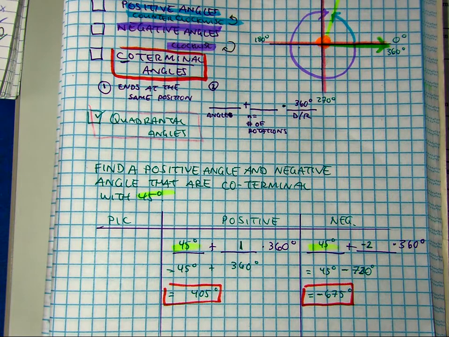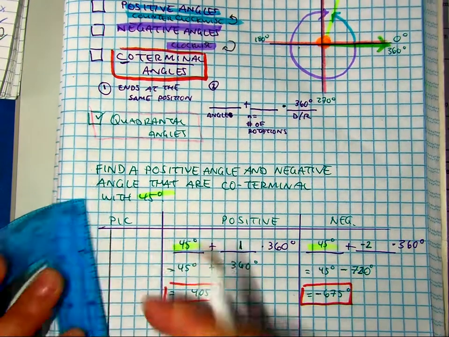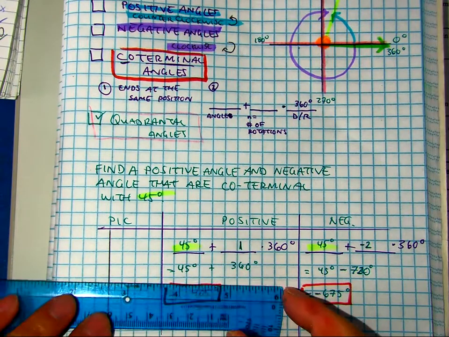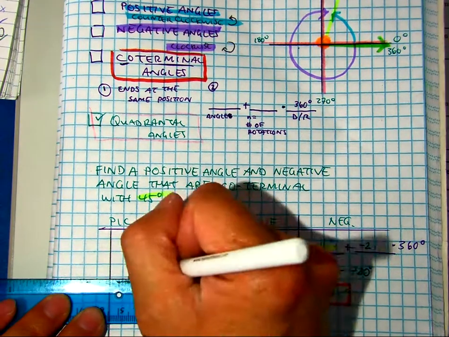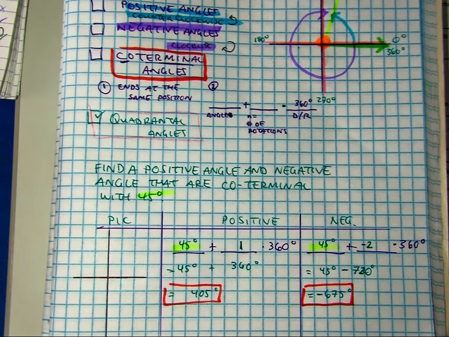Now, the picture is the harder part. So draw yourself a coordinate plane. Go ahead and draw yourself a 45-degree angle.